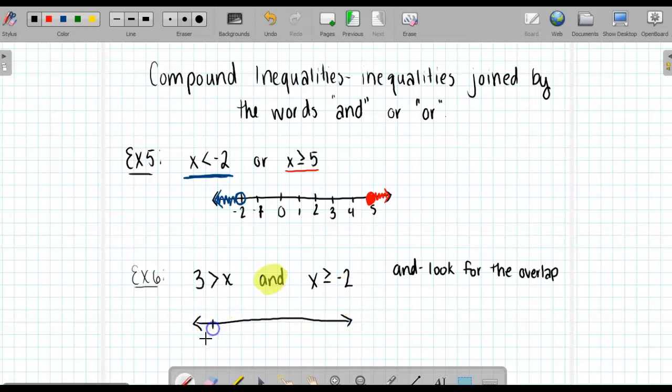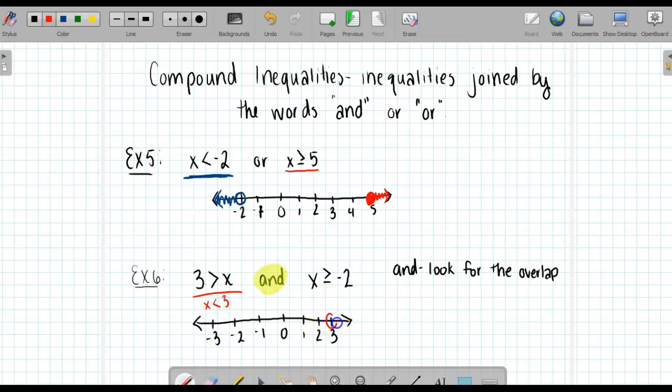So I'm going to graph on the number line. We've got to go negative 3, negative 2, negative 1, 0, 1, 2, 3. And so whenever I graph 3 is greater than x, I like to turn this around. X is less than 3.